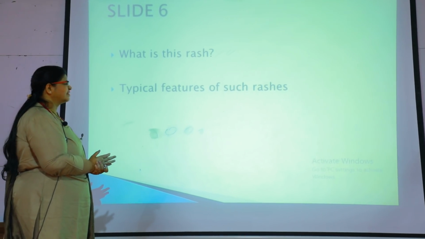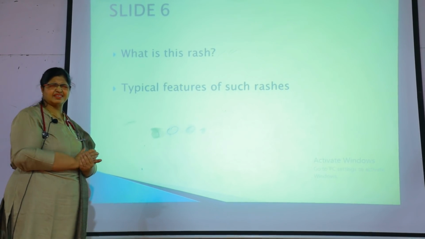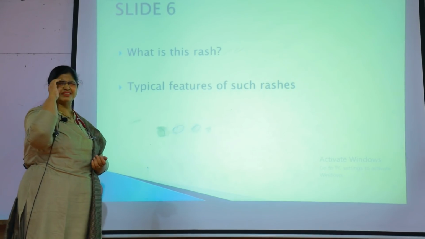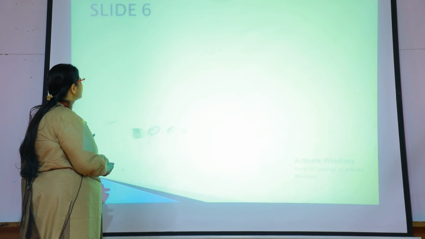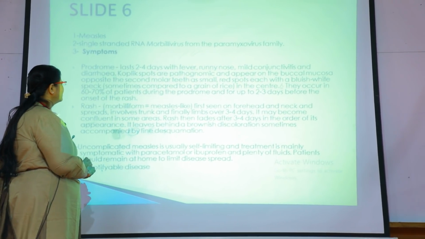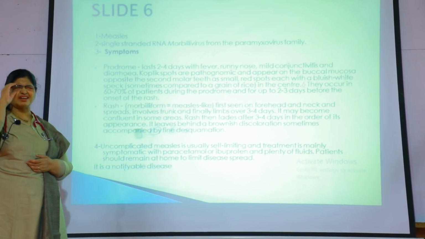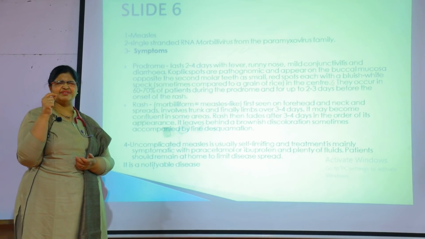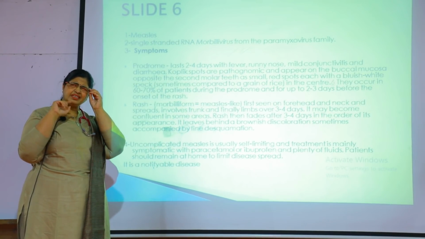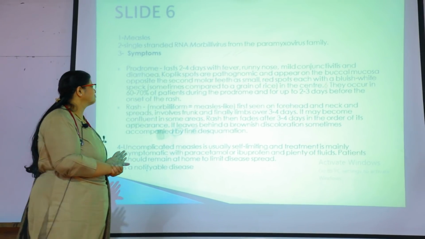Antipruritic drugs like Atarax can be given, and we use calamine lotion. Along with that, we use vitamin A. Typical features are cough, coryza and conjunctivitis, the 3 Cs we have to remember, and we can see Koplik spots just in front of the first molar.